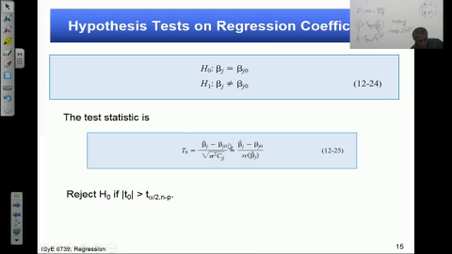You can find this value, which is like a t statistic: your estimate minus this number, divided by the standard error, which is this guy here. You compare it with t alpha over 2, n minus p degrees of freedom. This is for two-sided; you can do one-sided as well. If it's greater than this, you reject H null. Otherwise, you accept H null. Is it clear? Any questions?